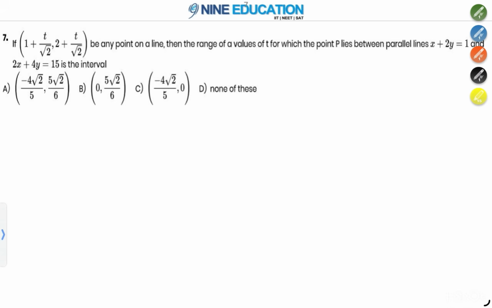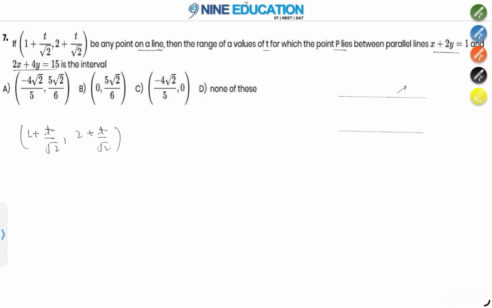In question number 7, they have given that P (1 plus t by root 2, 2 plus t by root 2) is any point on the line, then find the range of values of t for which point P lies between these two parallel lines. First parallel line is this one, second parallel line is this one.